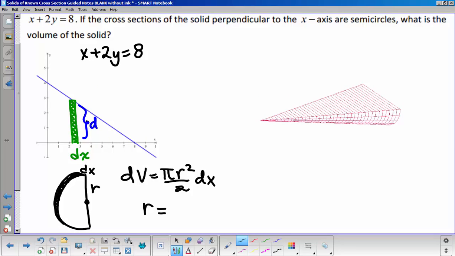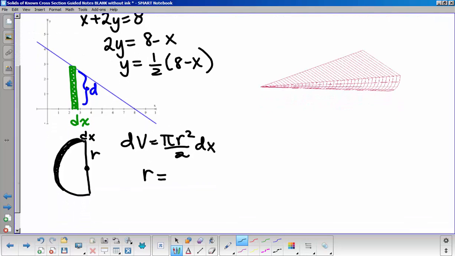So we need to know what y equals. 2y equals 8 minus x. y equals 1/2 times 8 minus x. I'm going to do it that way because it'll be easier to integrate. So if that is the function height, what is r functionally?